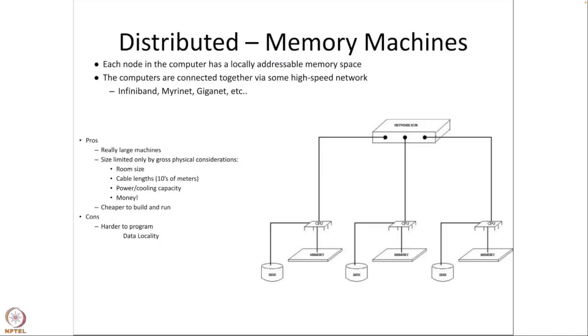For that, we need to revisit what distributed memory machines are. We'll just have a brief discussion of it and we'll see what the challenges are in programming such machines. If you recall, in distributed memory machines, each node has a computer which has only a locally addressable memory space. Several of these machines are then connected via some high-speed network.